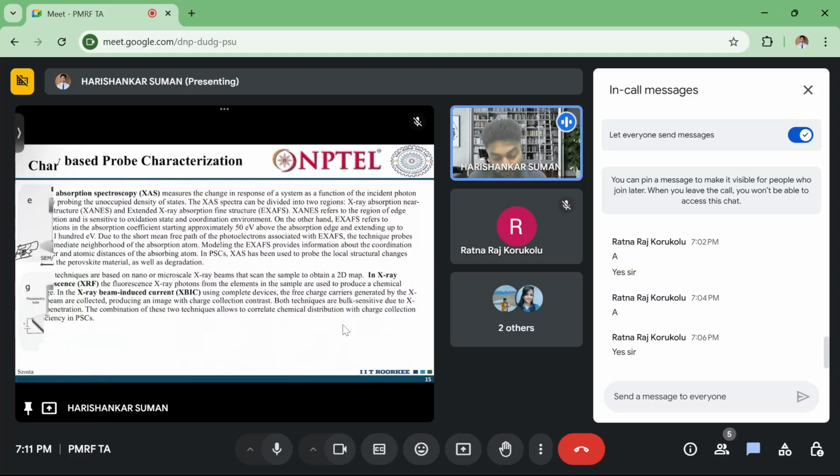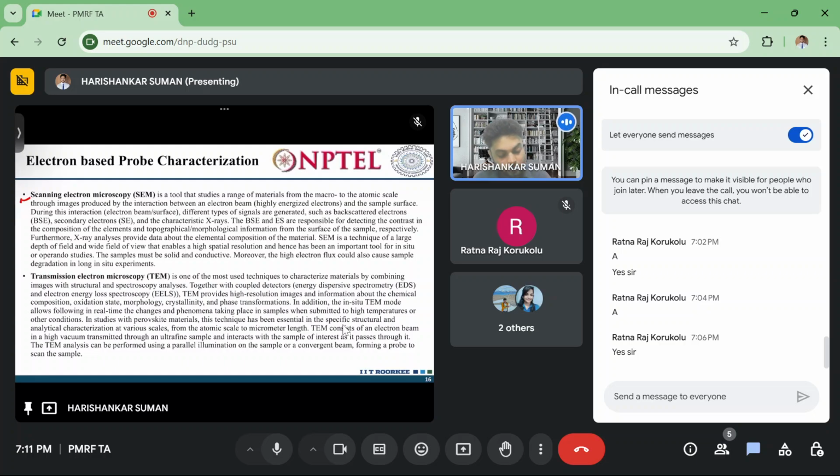If you want to read, this is some information about X-ray based absorption spectroscopy, XRF, beam induced current. I will upload this slide, then please read this. Scanning electron microscopy, how it works and what information we get, is elaborated here.